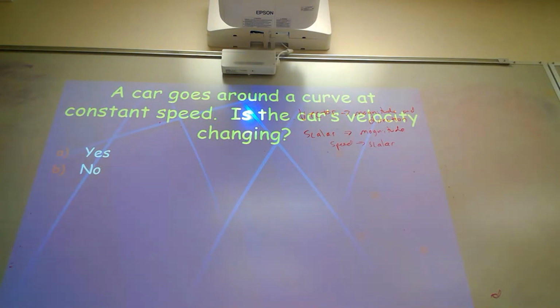The car goes around a curve at constant speed. Is the car's velocity changing? Now I want everyone to write down on their paper yes or no. Got it?